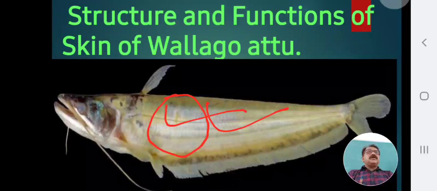But remember, in those fishes on whose body scales are absent, instead of scales the body is covered by thick soft skin.